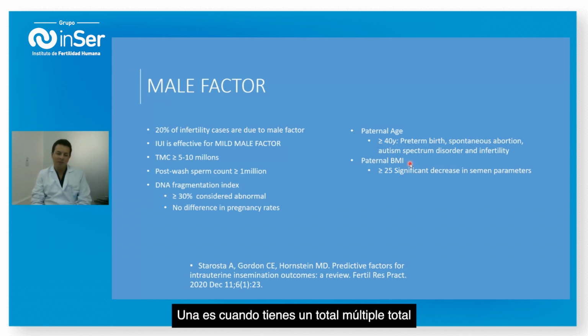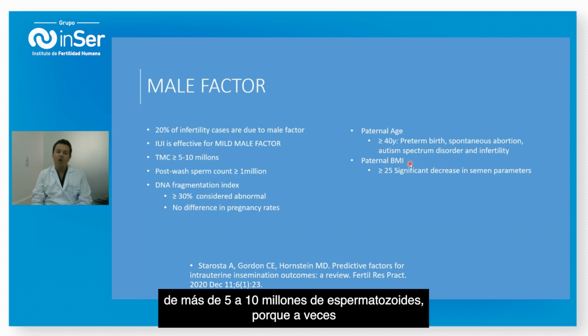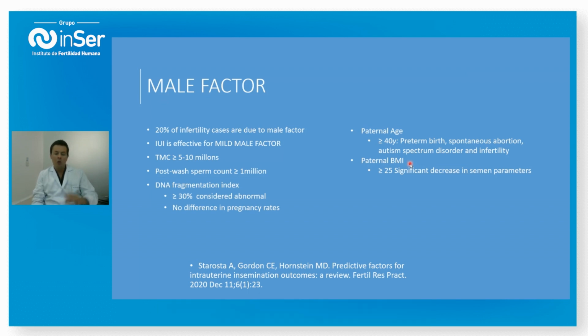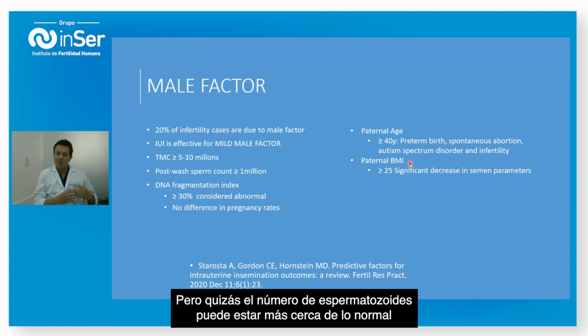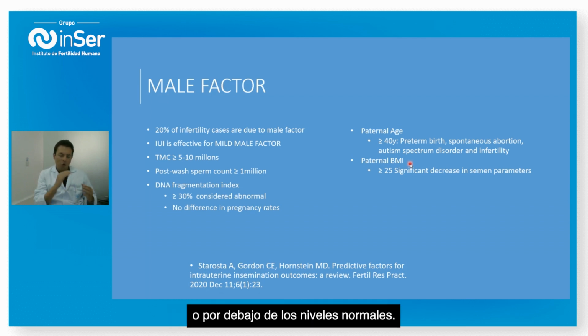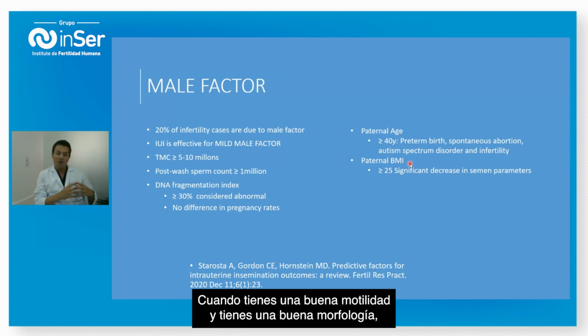One is when you have a total motile count of more than 5 to 10 million sperm, because sometimes when you receive the spermogram, you see that the volume of the ejaculation is normal, but maybe the number of sperm is closer to normal or below normal levels. But you have a good motility and a good morphology.